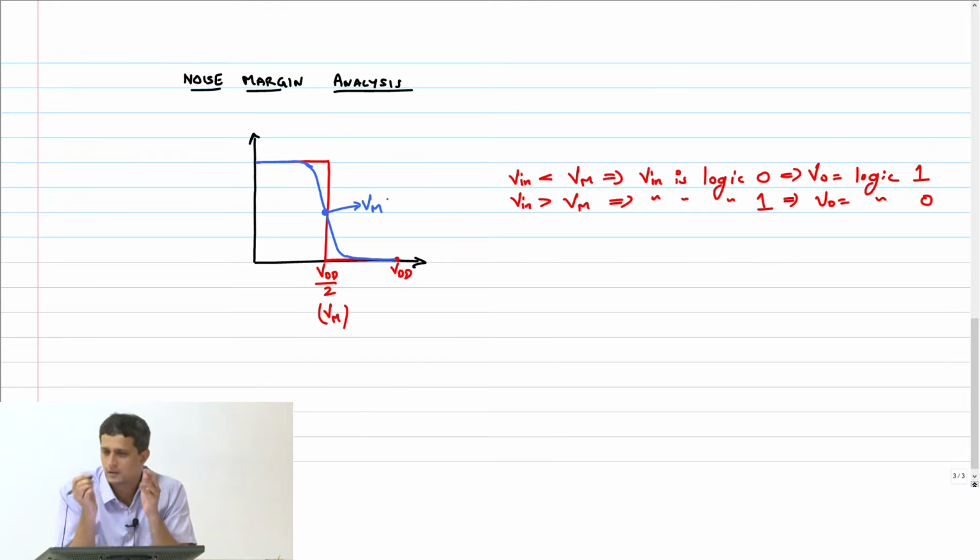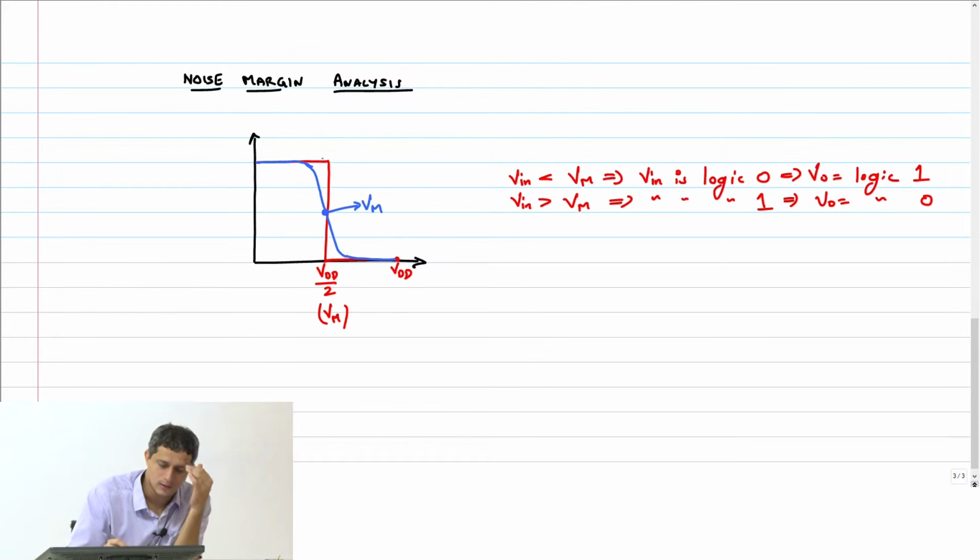Clearly this definition does not hold here. If Vin is greater than Vm, it doesn't mean that it's a logic 1. Neither is it true that if Vin is less than Vm in the real inverter, the input can be treated as a logic 0, okay.